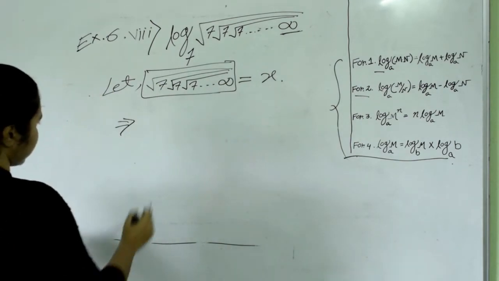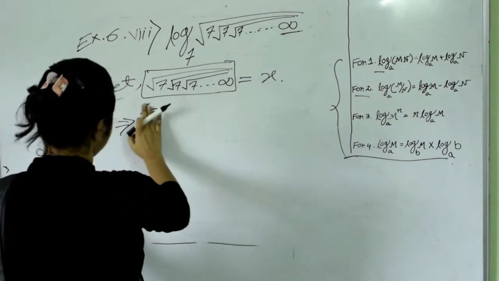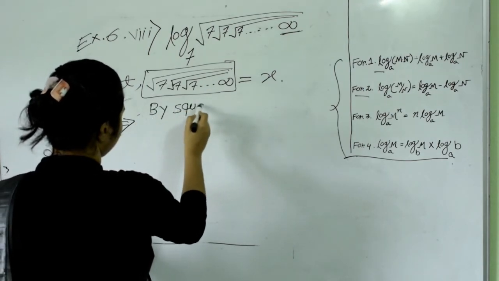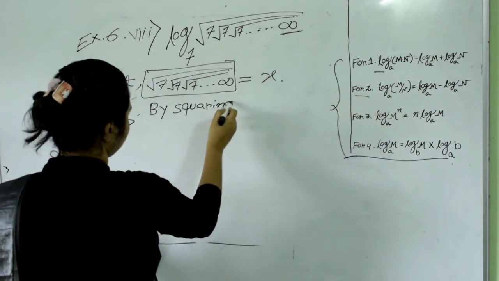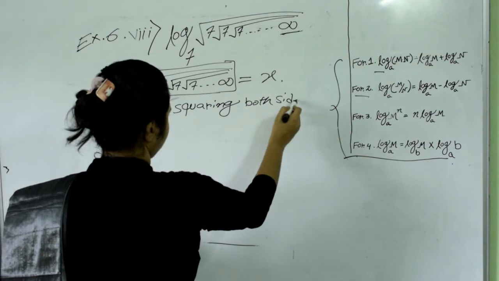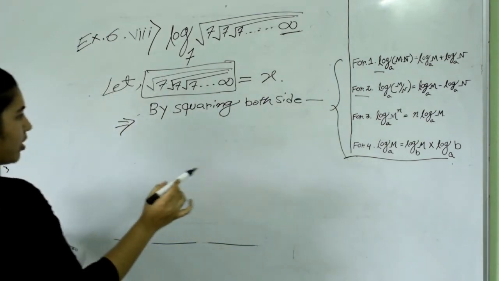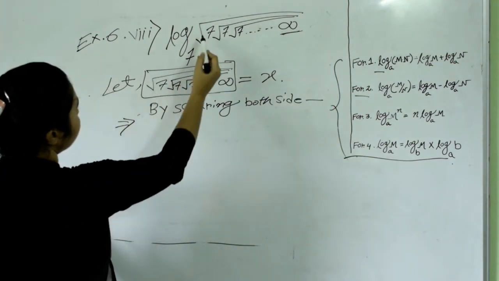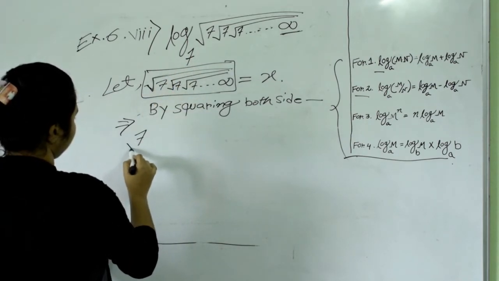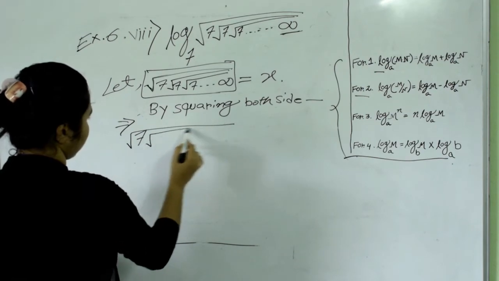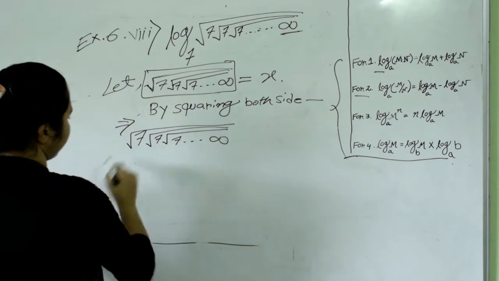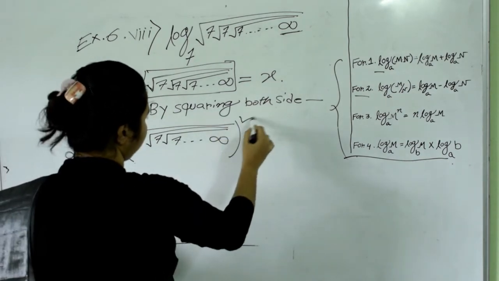Now take the square of both sides. By squaring both sides, up to infinity. So take the square.